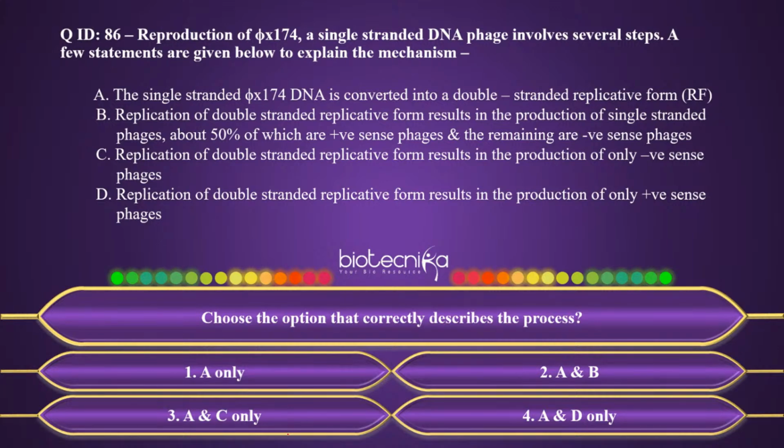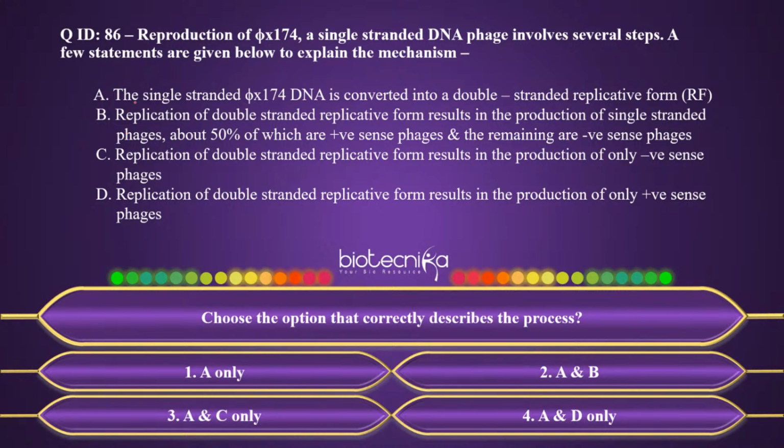Option A and D, okay, Selvapriya says option A and D. Anybody else? Option 4, Aman. Yes, so both of you are right. Option 4 is the correct one here. A and D are the correct options.